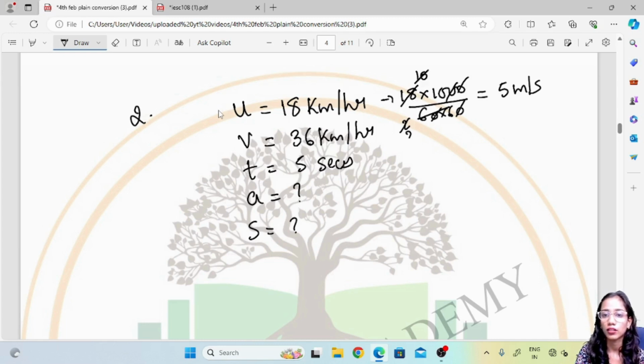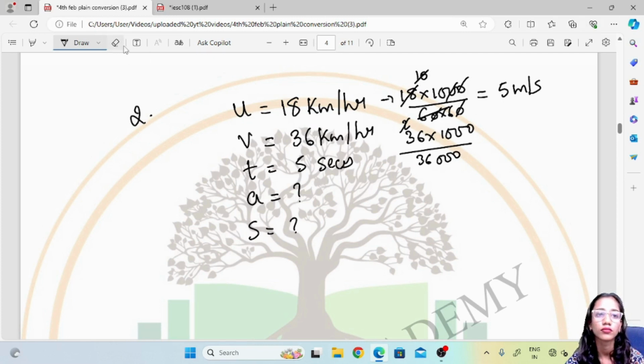Now next will be 36 into 1000 upon 3600. The answer here will be 10 meter per second. So this is 5 and this is 10 meter per second, and time is 5 seconds.